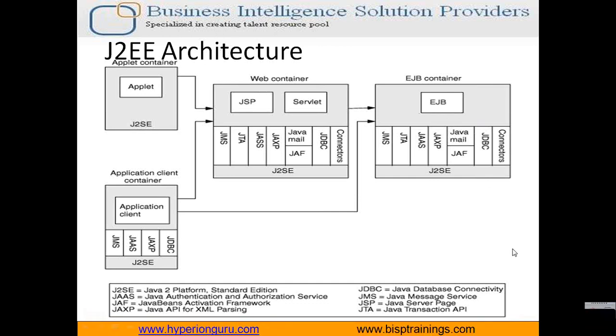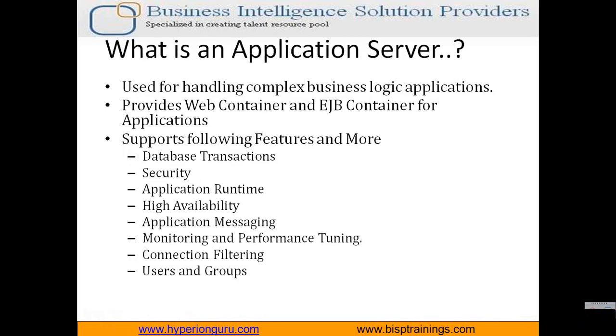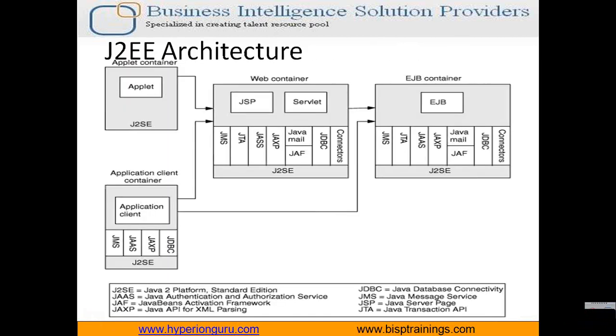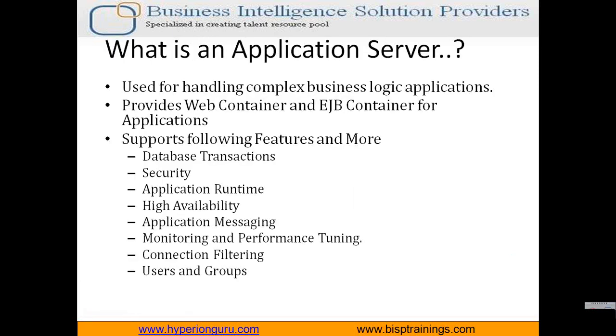This is about the J2EE architecture, and now we will cover what exactly application servers are. Application servers are part of the J2EE architecture. They are used for complex business logic applications. They are mainly used for handling big infrastructure, like what I said for the leave application or the credit card or the ATM transaction.